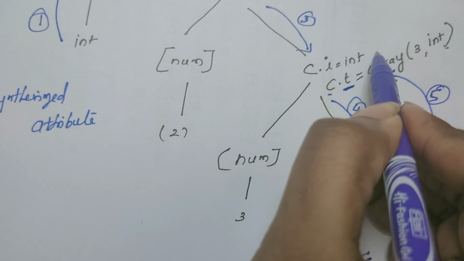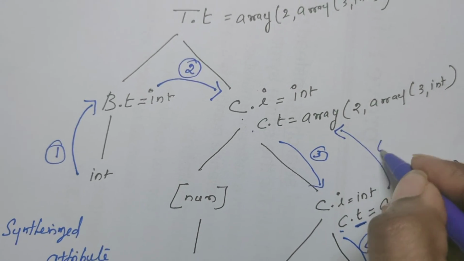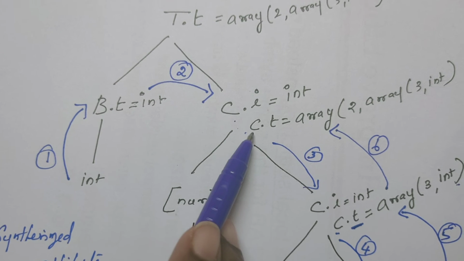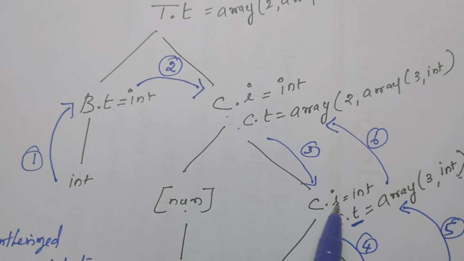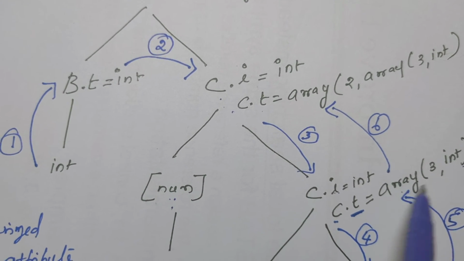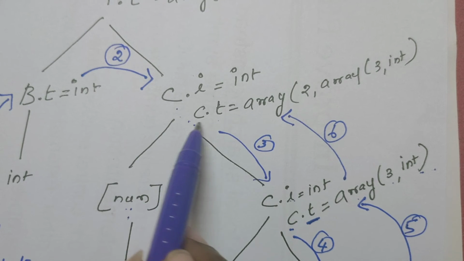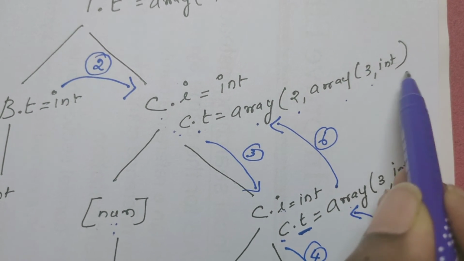Now from here, once again the value is being passed to its parent node, which is the sixth step. Now for this node, the attribute is synthesized at this junction with the help of the child nodes. One child node is a number, another one is array of 3 comma integer. So C dot T is equal to array of 2 comma array of 3 comma integer.